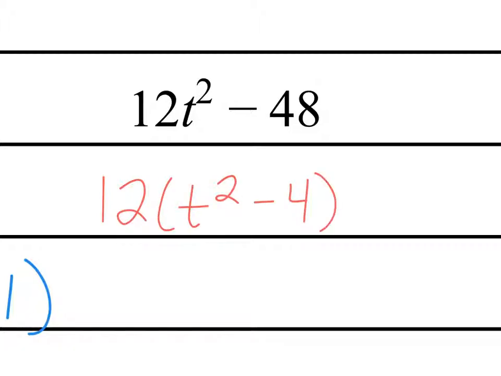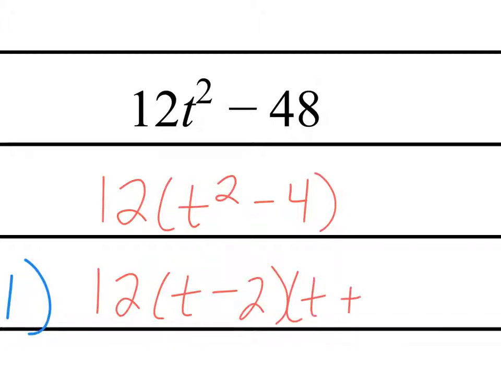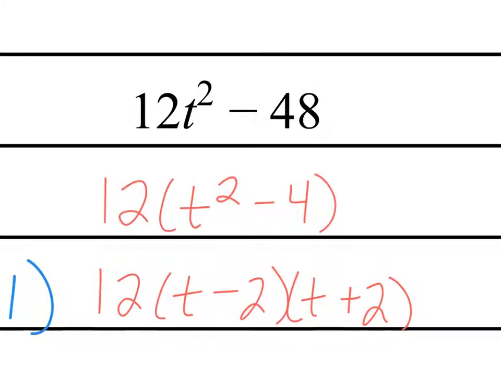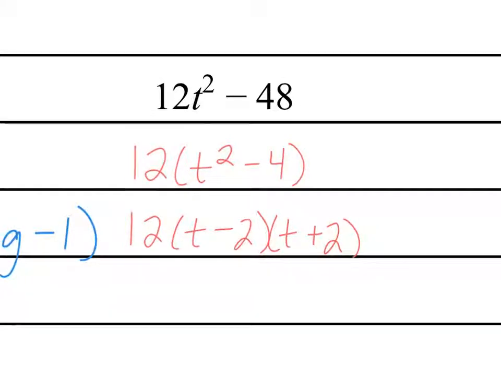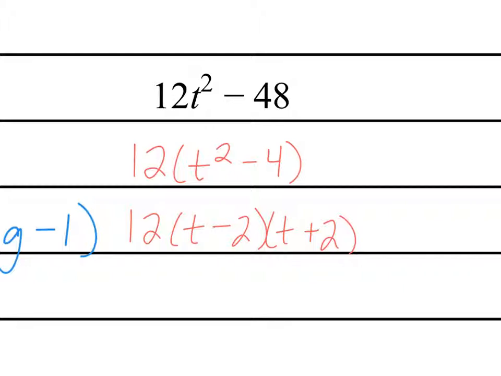Make sure you take out the actual GCF for the second one. It is not 6, it is 12. The second one, you also get difference of perfect squares. So you could split it up into t minus 2 and t plus 2 with a 12 out in front.